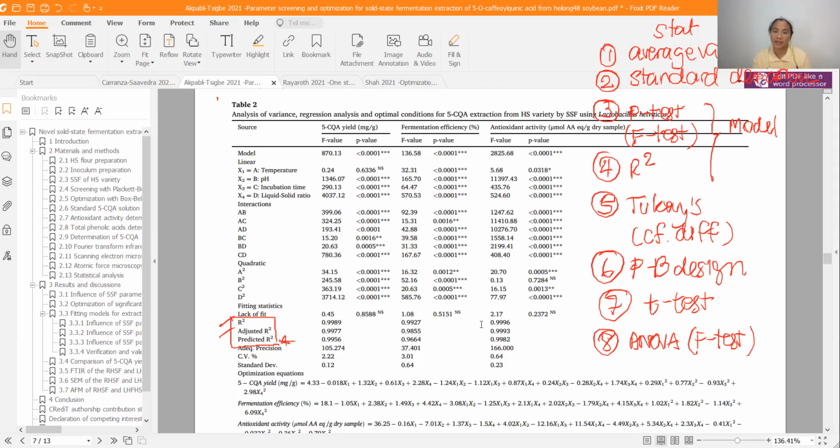Adjusted R-square is to see if your model has excessive terms that you can drop, and predicted R-square is basically how well you can use this model to predict your data. So it's three different things, okay?